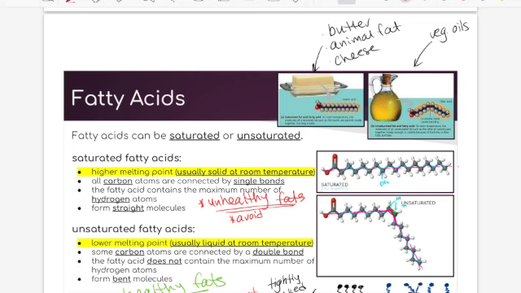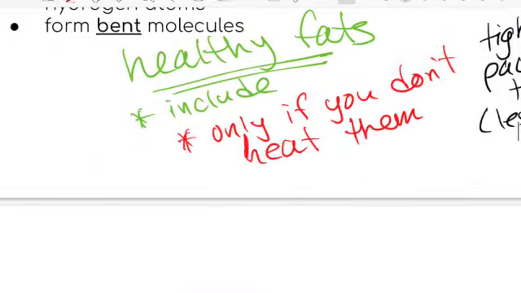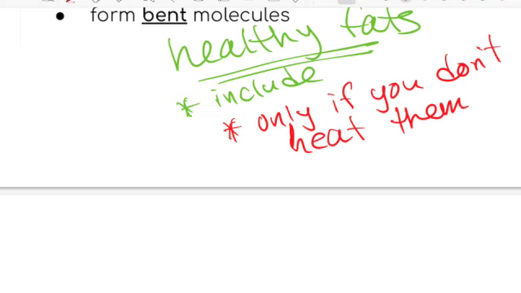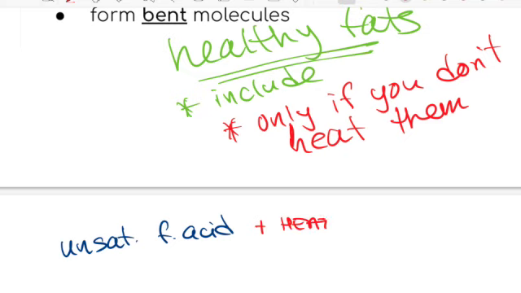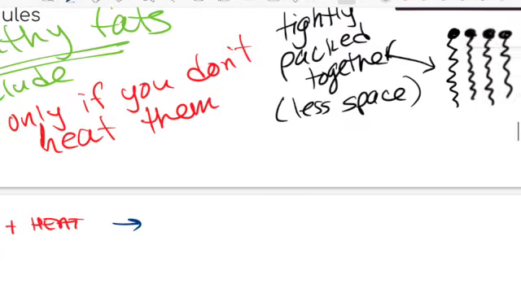Don't heat them. If you heat an unsaturated fatty acid, then what you get, let's just go down here for a second. If you add heat to that, so plus heat, that actually gives you something called a trans fat.